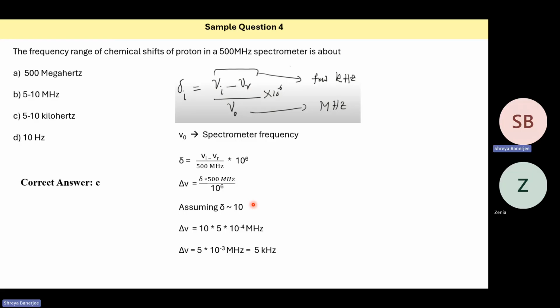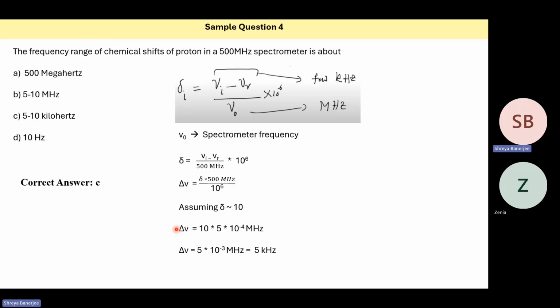Proton scales can range from 0 to around 12, 13. We are just assuming delta around 10. You can take any other value. We are just taking 10 because you can see all the options, they are in like 5, 10 multiples. So we are assuming delta as 10.